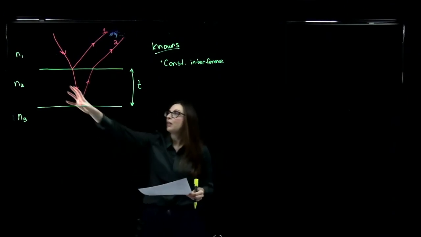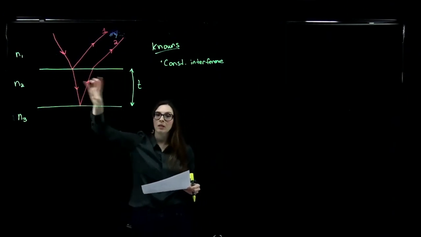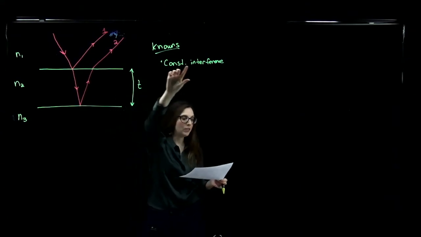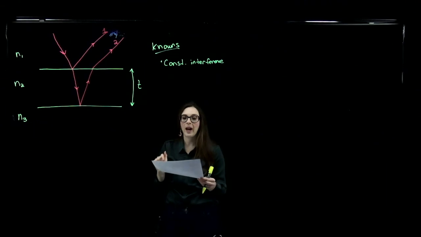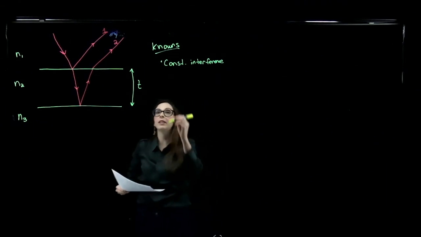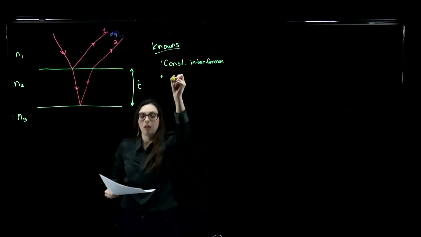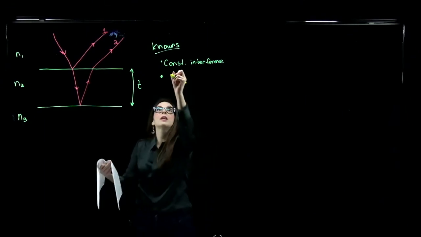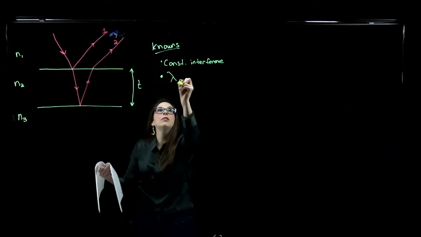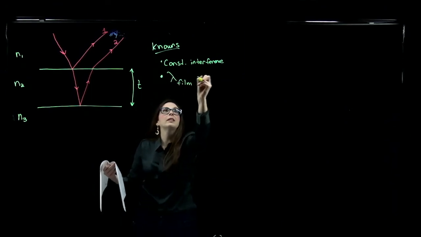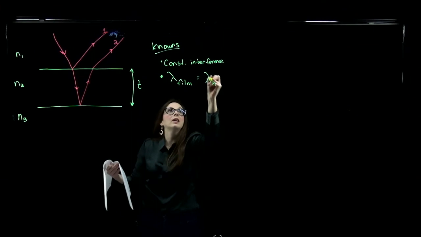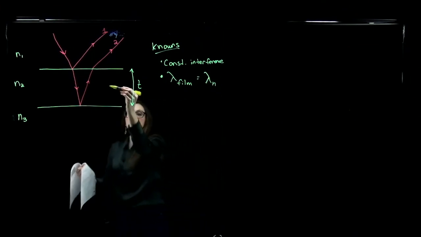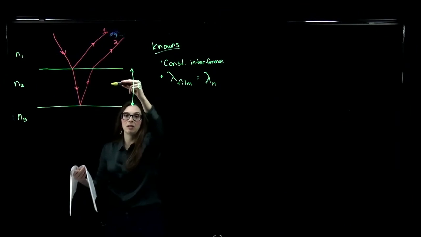This is a thin film problem. So here we have a thin film of thickness T, and it gives constructive interference for light with a wavelength inside the film of, I'm going to call that wavelength lambda sub film. And I'm going to also set that equal to lambda sub n, which means the wavelength of the light inside my material right here.